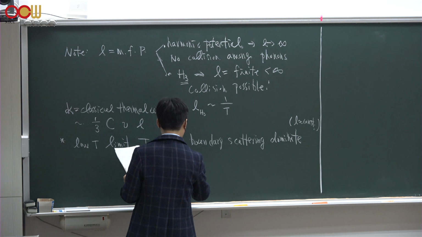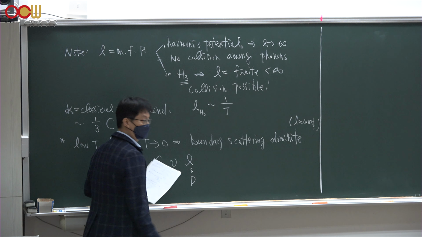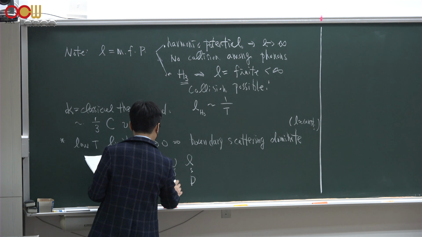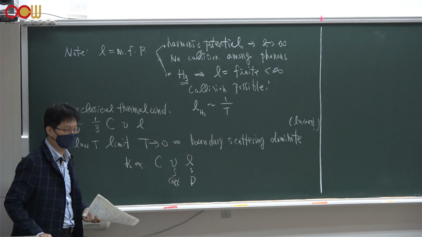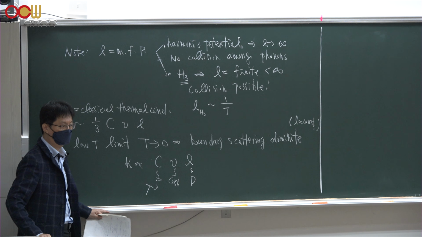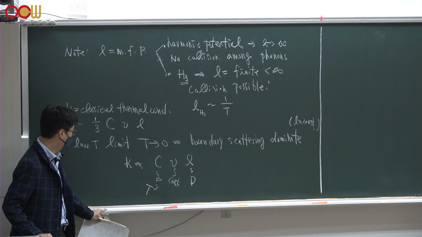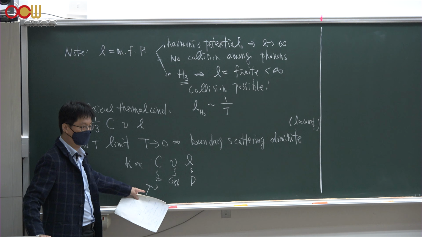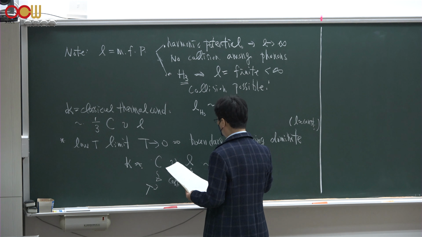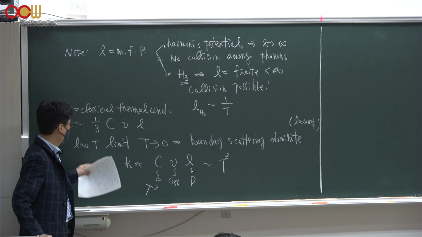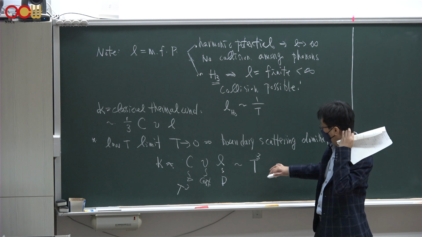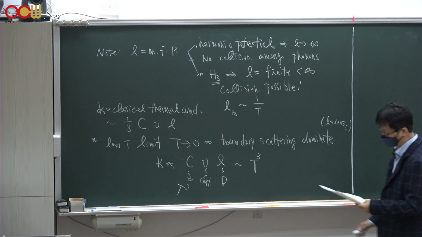The mean free path is almost the system size, capital D, which is a constant, and the velocity is also some constant in the zero temperature limit, which is, roughly speaking, the Fermi velocity. And the capital C we know very well behaves as T cubed, right? From the harmonic term, the specific heat goes like T cubed from free phonons. So if you multiply these three factors, you get T cubed behavior of kappa in the low temperature limit. Later we'll compare these quantitative expectations with the experimental observations.